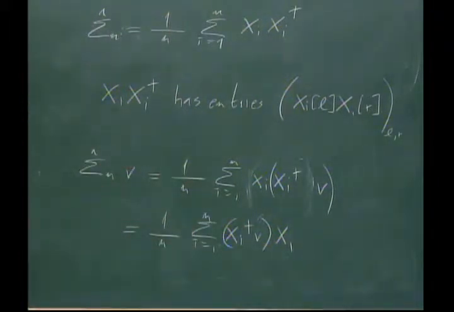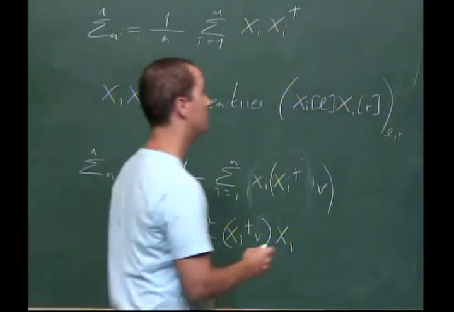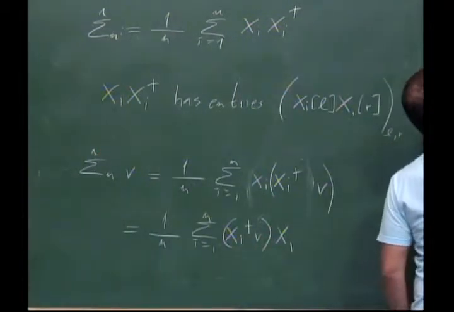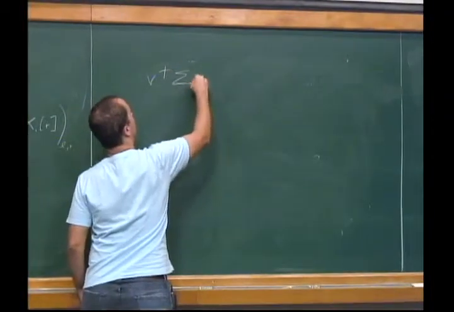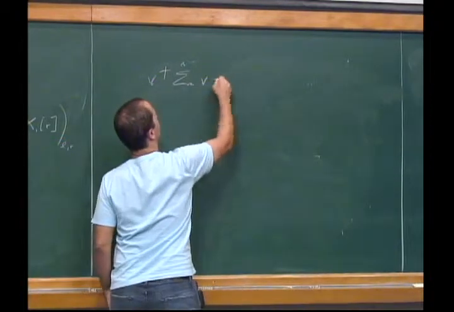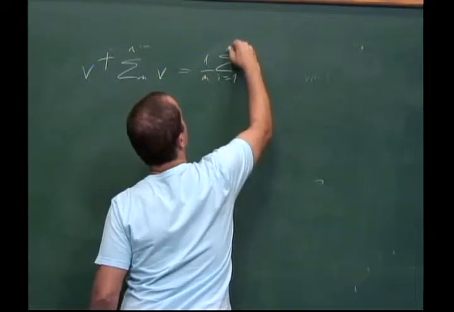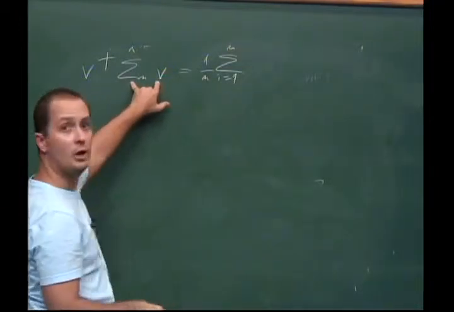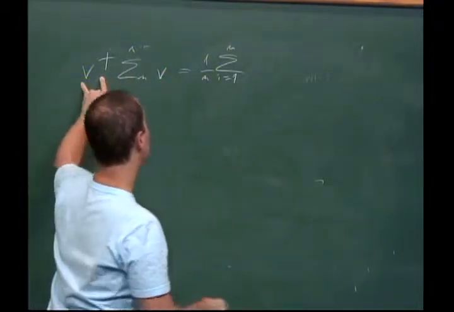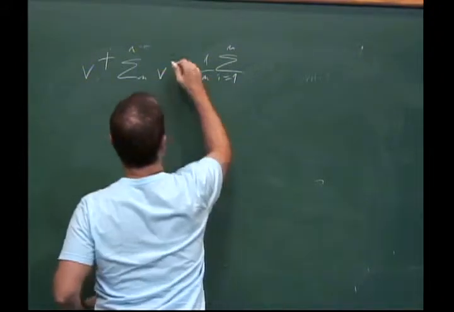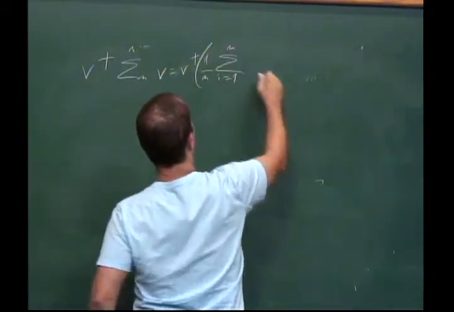And maybe let's write another formula here, which we're going to use later, just so we get a bit more familiar with this. So what if I do this? You take this product, and you take the inner product with this. So you have v transpose times what we just wrote.